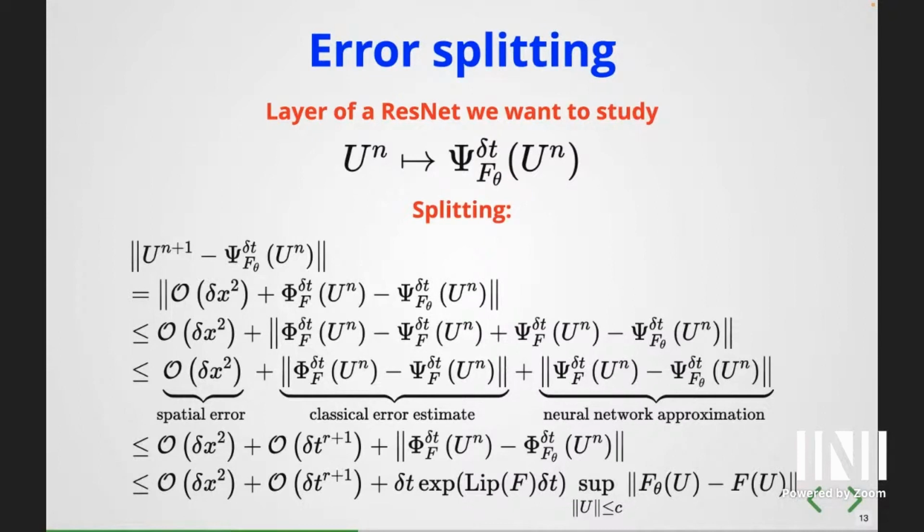This allows us to account both for the spatial error, because we know that this f, or f of theta, that we are working with is a spatial discretization of the right PDE, and also for the time error, because we are using a time stepping scheme. Now I do not want to suppose that we know the correct vector field f, because this is the main point, but I want to see how far I could get from the truth using a certain parametric function f of theta.